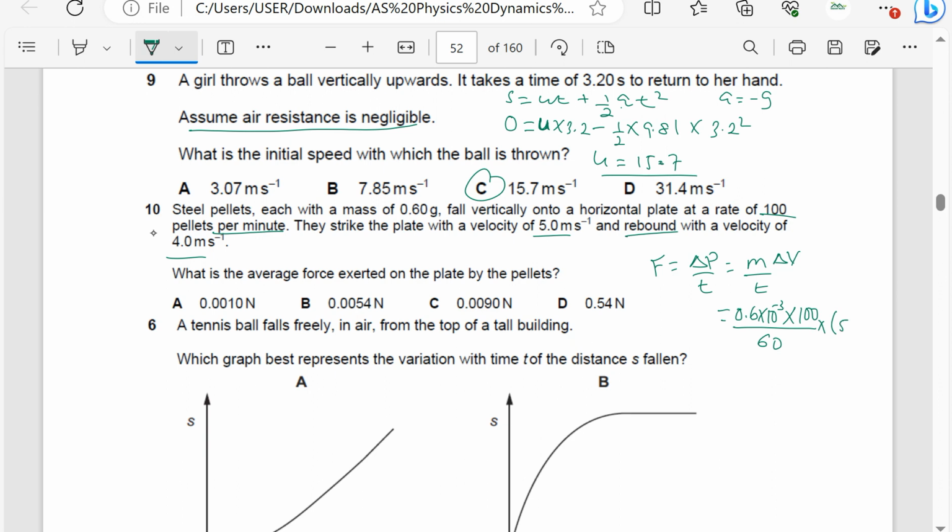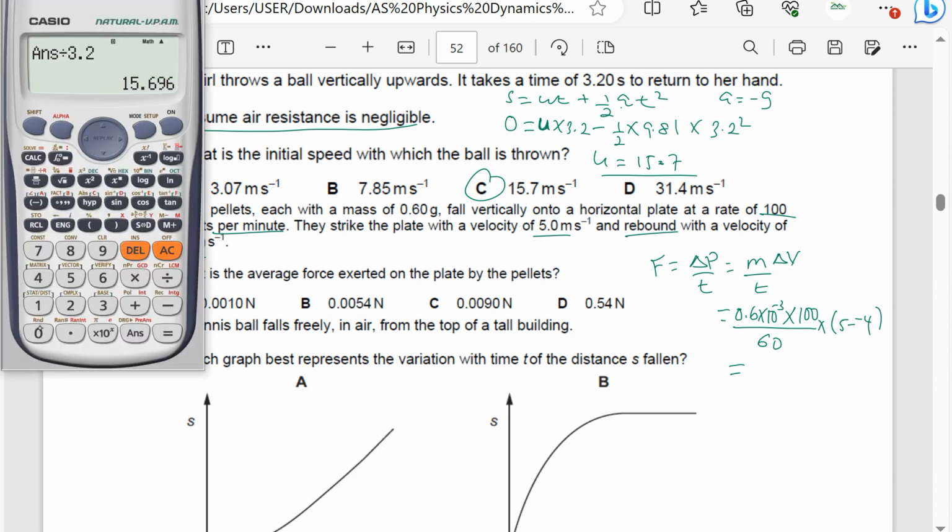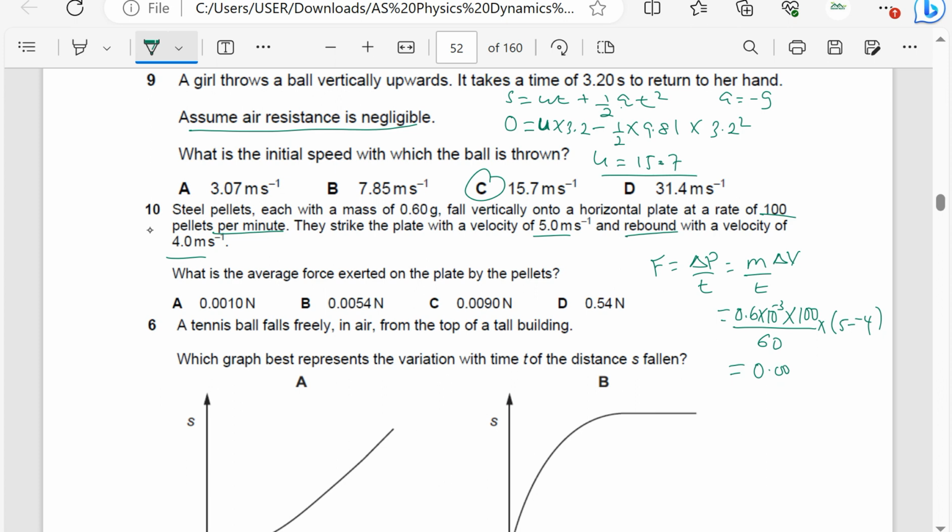So it becomes plus. Using my calculator: 0.6 times 10 power minus 3 times 100 times 9 divided by 60. So that is 9 times 10 power minus 3 or 0.009. So the answer is C.